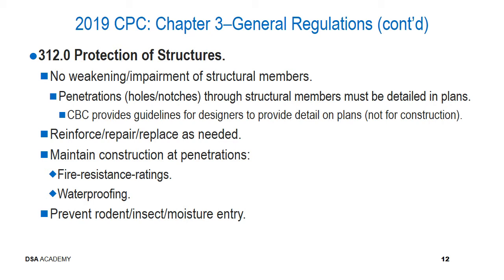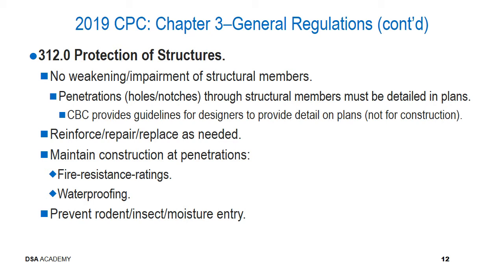These particular CBC guidance details are not for construction. Again, it is important to stress that even though we have minimum guidelines that are stipulated in the California Building Code, project inspectors are not permitted to inspect from these guidelines.